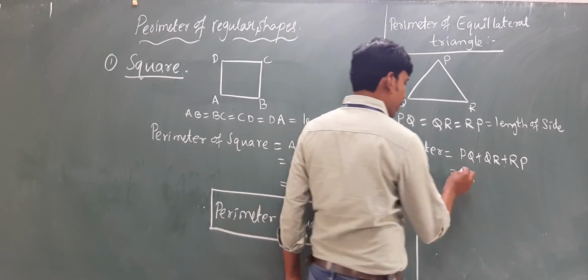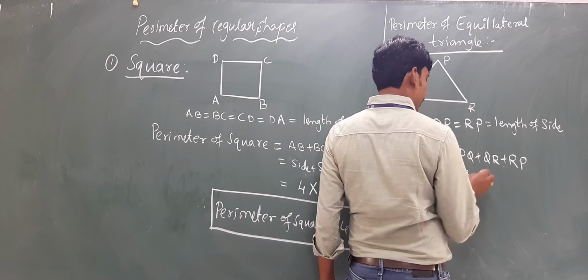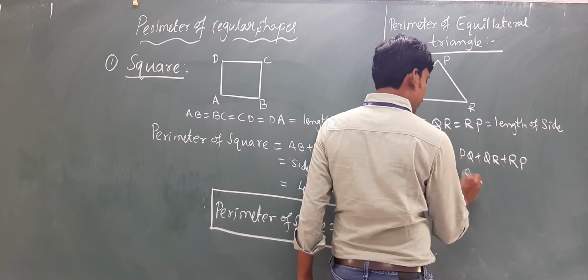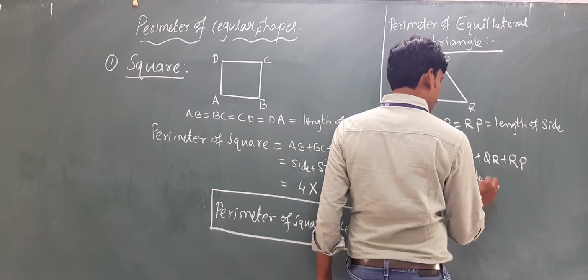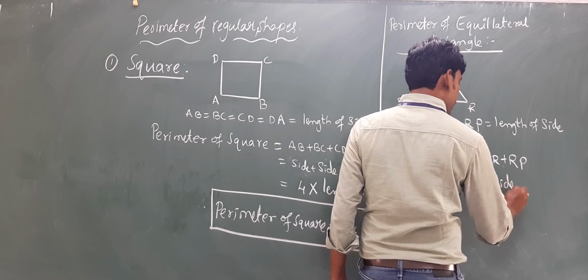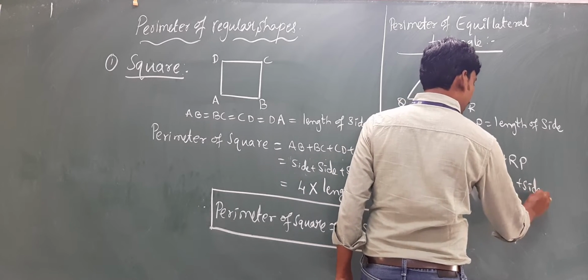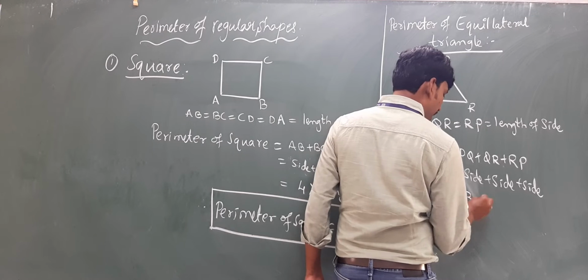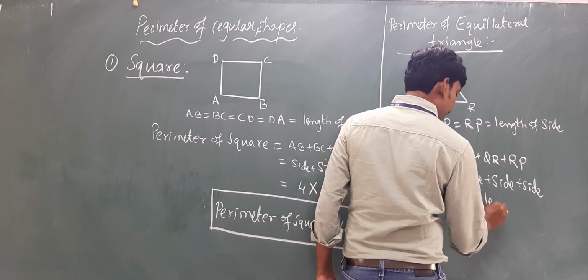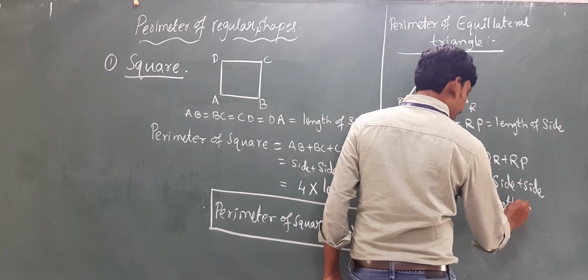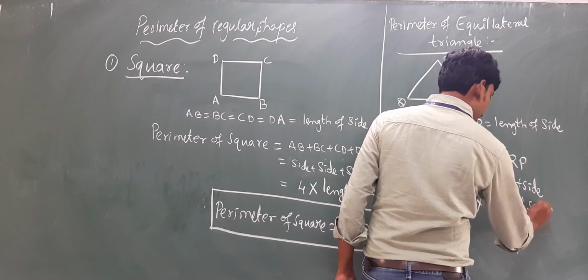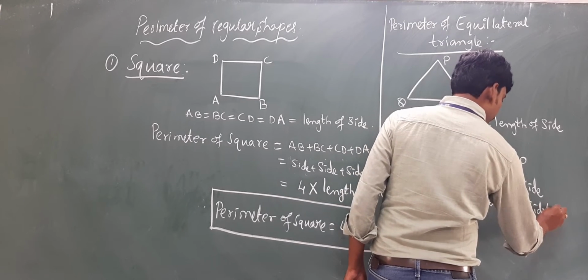So it is side plus side plus side. 3 sides are equal, which implies 3 into the length of the side, that is 3S.